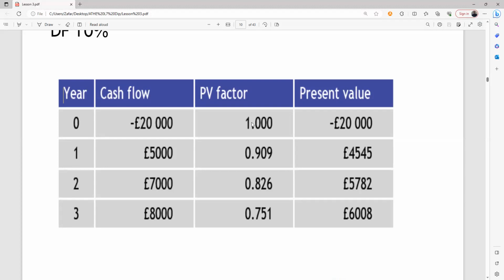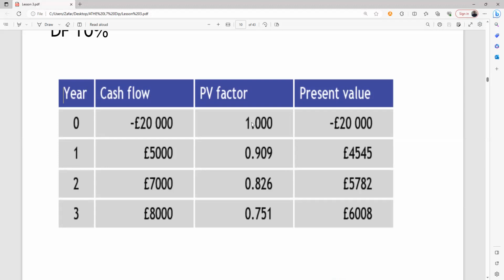That depends on inflation and other instruments, regulations and things on the market. So the 20,000 we've spent today, we multiply by a factor of 1, which is 20,000.